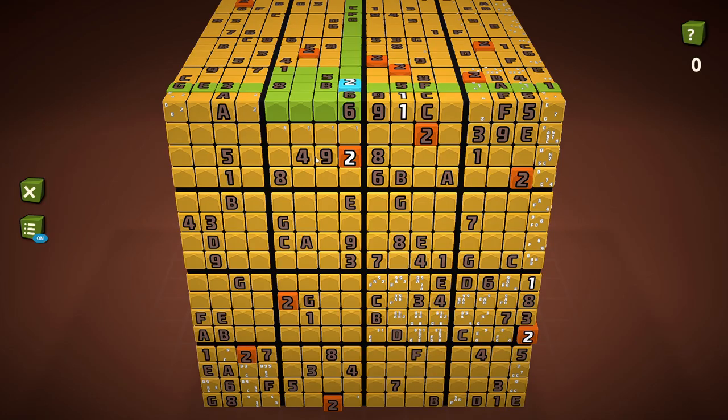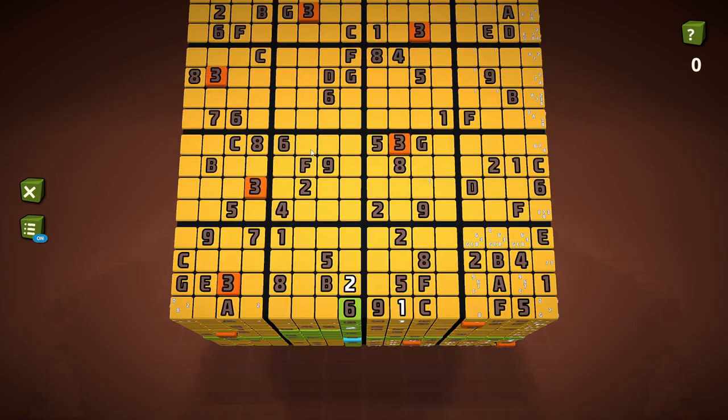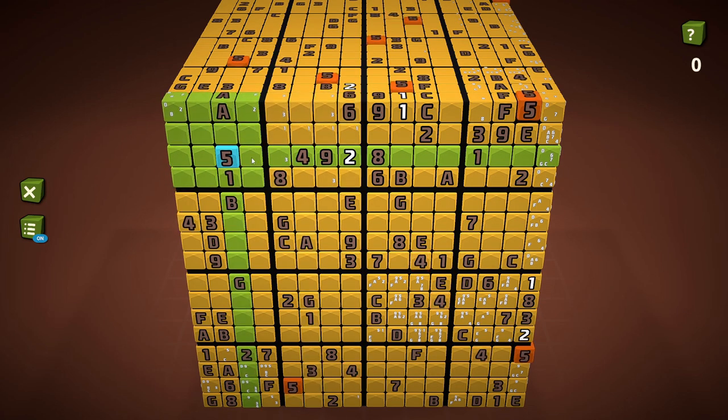Alrighty then. 1, 2, what's the 3s on this square? Can't be there, can't be there. Those both look possible. Can't be up there. Can't be there. Alright, 4, 5.